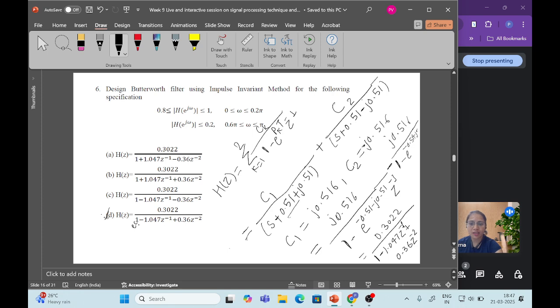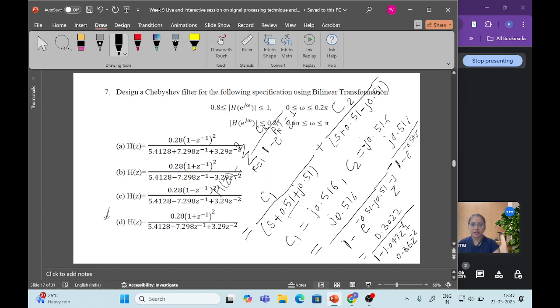Just remember these notations. So option D is the correct answer. I hope you have understood how to solve this type of problem. Now moving to the next question.